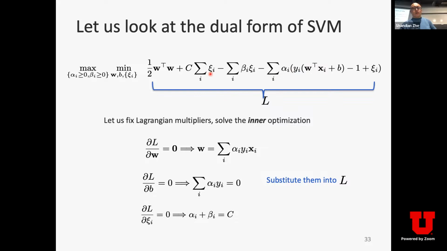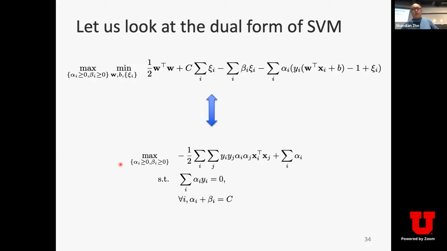And because the gradient with respect to each Ci is 0, the terms that relate to Ci's will cancel as well. Then when you substitute the summation form for W, you get a quadratic form with respect to alpha. That's how we get this new objective function, which is the minimum value of L with respect to W, B, and Ci's. But again, I highly recommend everyone to manually check this result.